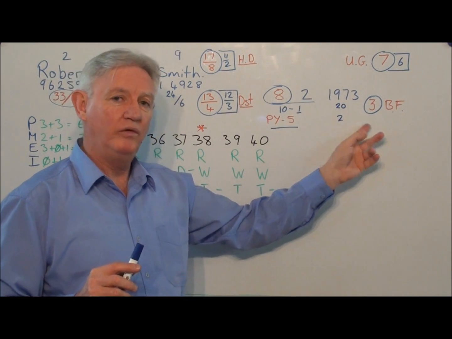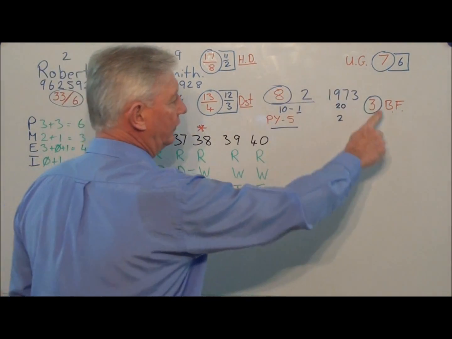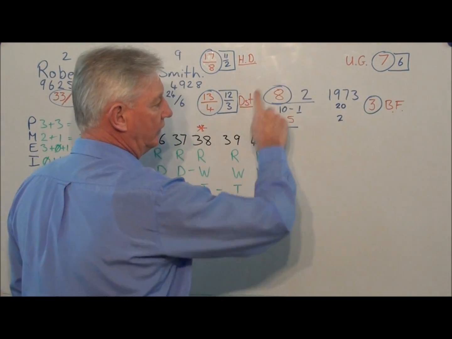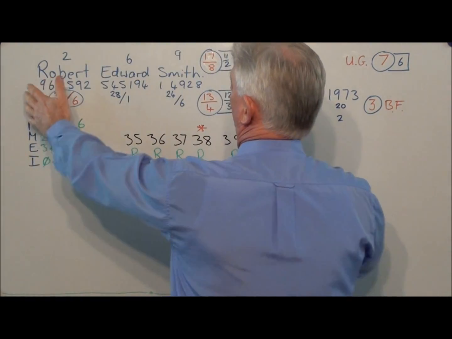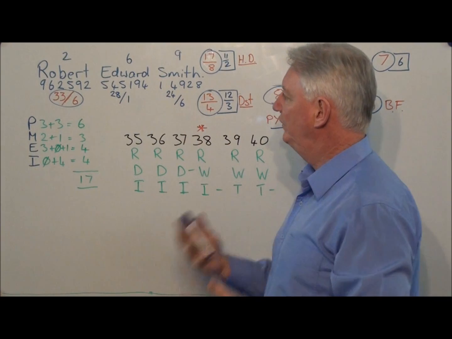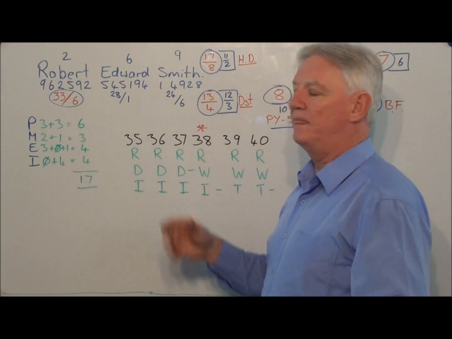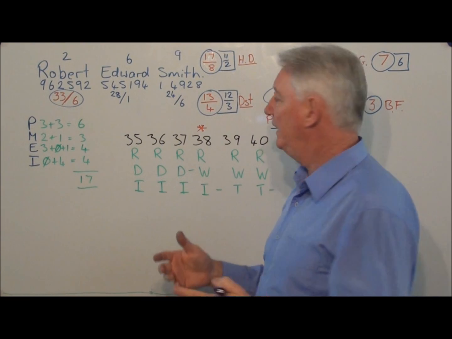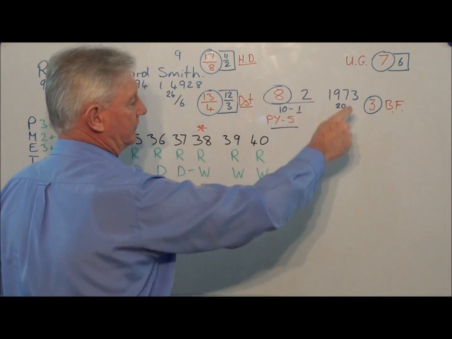Now we know that the birth force means how he does things. This part here is the characteristics of a person's personality type, but the name that we've got here creates the personality for the person. So this part is what people see, their attitude and everything comes from that. And on the birth force side, this is how he does things.